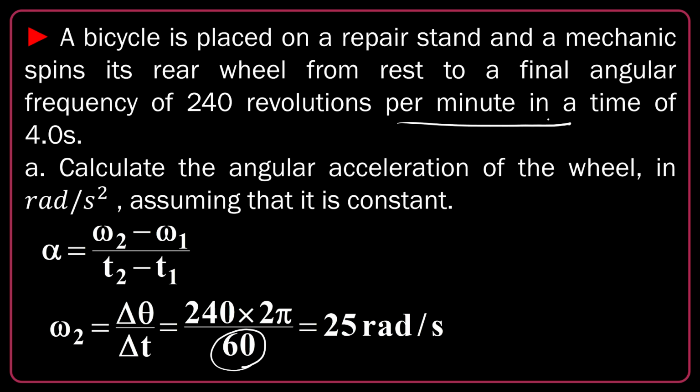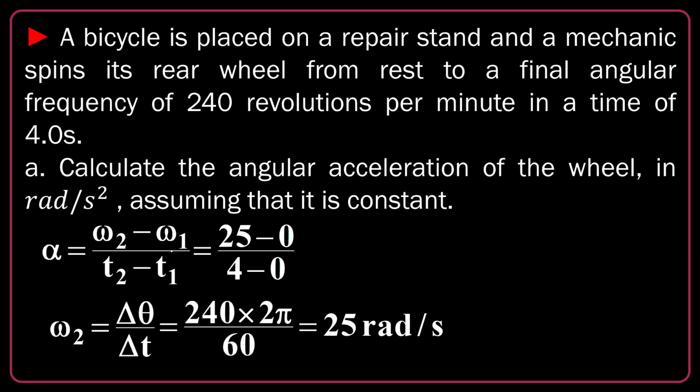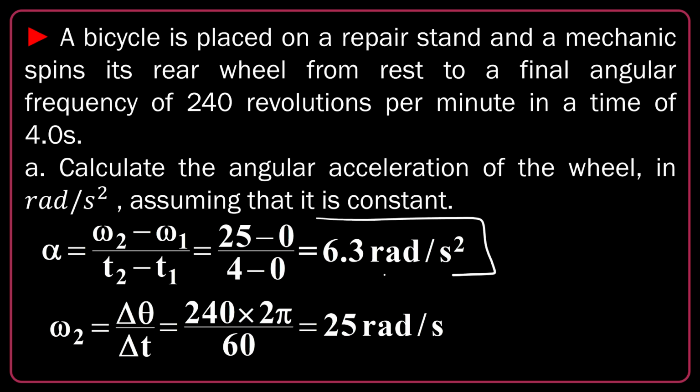It's 25 radians per second. As I mentioned, omega 1 starting from rest is 0, so the answer is 25 divided by 4. That's 6.3 radian per second squared. And this is a constant alpha because it has a constant rate, as mentioned here.